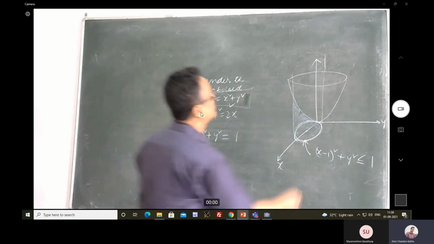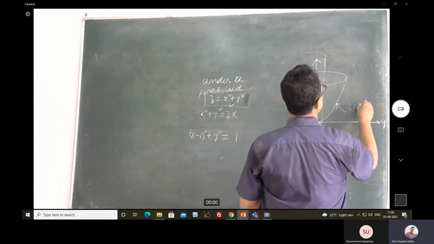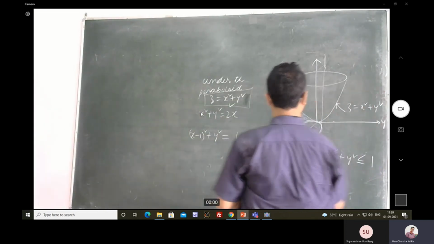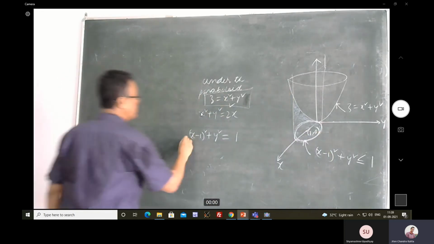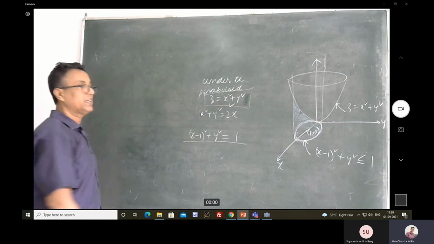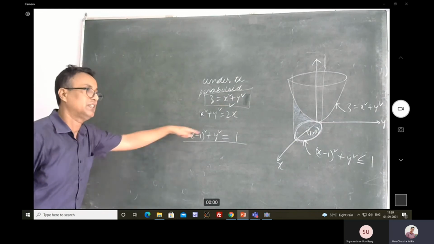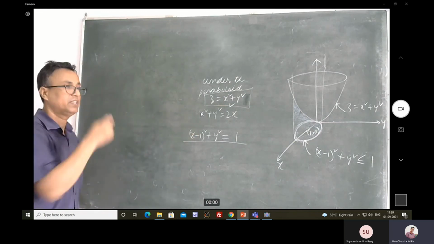And this is z equal to x squared plus y squared. So this is 0. Now let me concentrate on this because this is my domain, which is going to be my domain D.